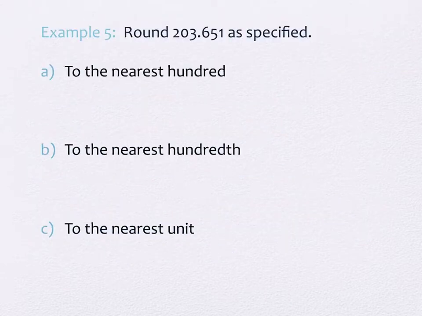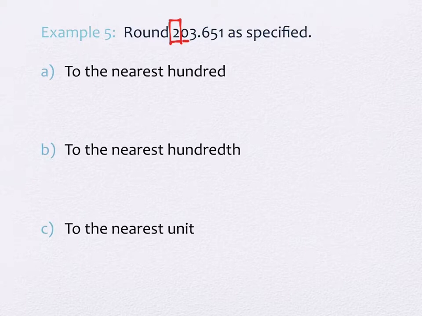All right, so here's our first value, 203 and 651 thousandths. It's got some different examples of how we're going to do rounding. It says round to the nearest 100. So what number is in the hundreds place? The 2 is in the hundreds place, right here. If I want this to round to the nearest 100, I identify the hundreds place, and then I look at the digit that follows it.